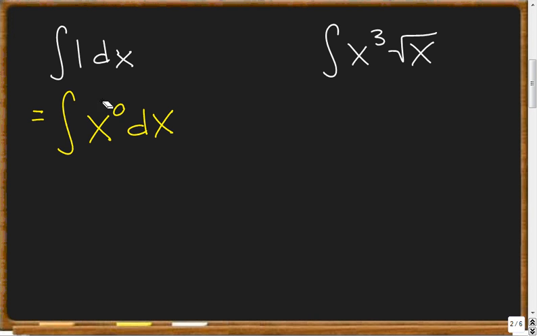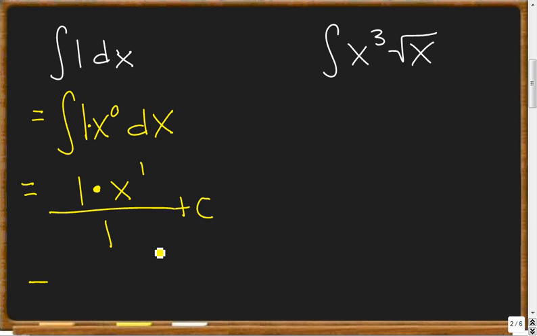You could say that this is 1 times x to the 0, but it's the same idea. So if we were doing x to the 0, we do the same process as before. You get 1, which is that coefficient originally, times x to the 0 plus 1, which we know to be 1, and we divide by this same number 1, and then we get plus c. This is just x plus c.